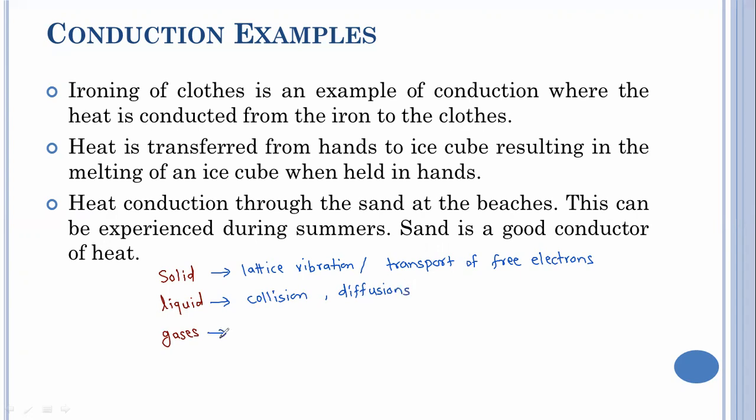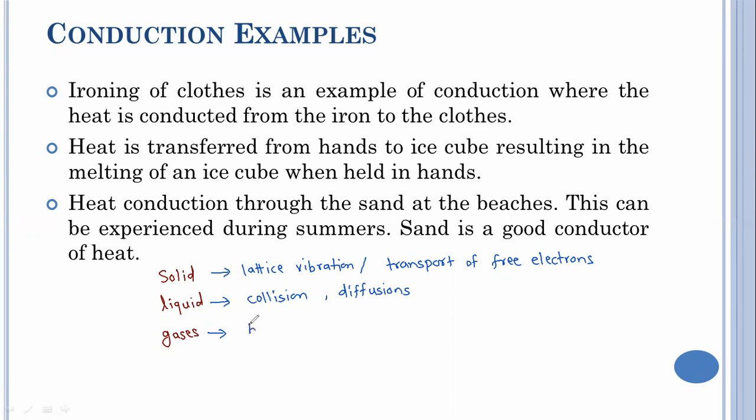In case of gases, the kinetic energy of a molecule is a function of temperature. When we are considering gases, the molecules are in continuous random motion and exchange energy and momentum. So when a molecule from a higher temperature region collides with a molecule from a lower temperature region, it loses energy by collision.